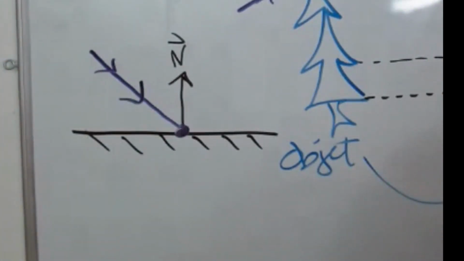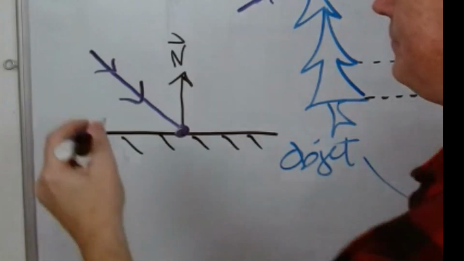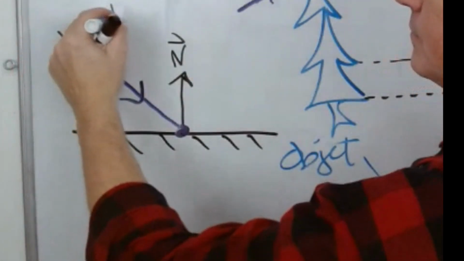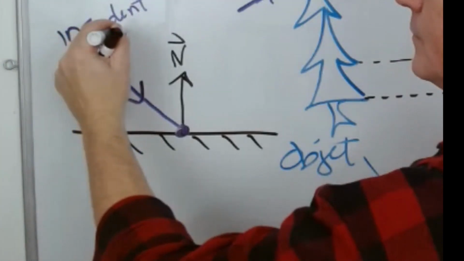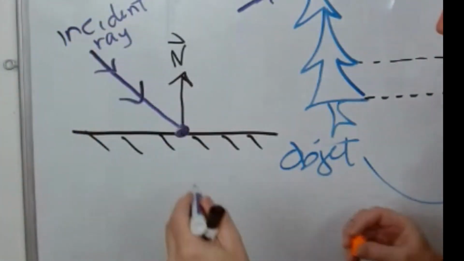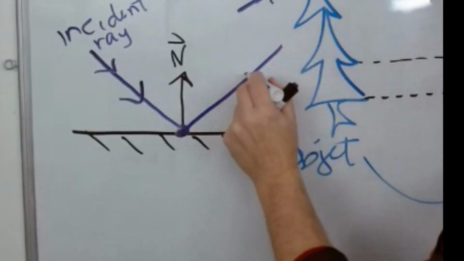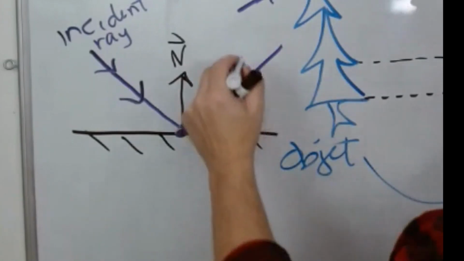As you can see, my first language is French, and I'm always working with some ideas. So it's called the incident ray, and we know that it will have here a reflected ray.